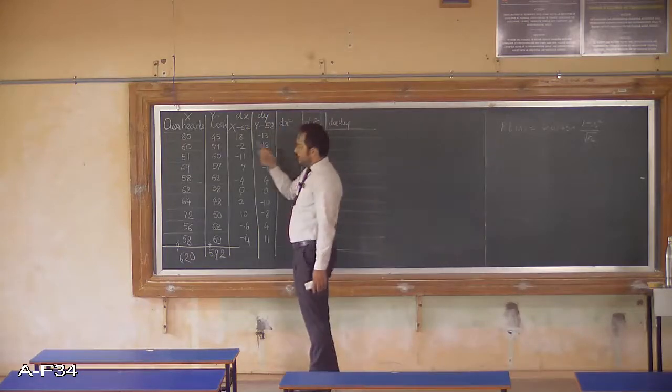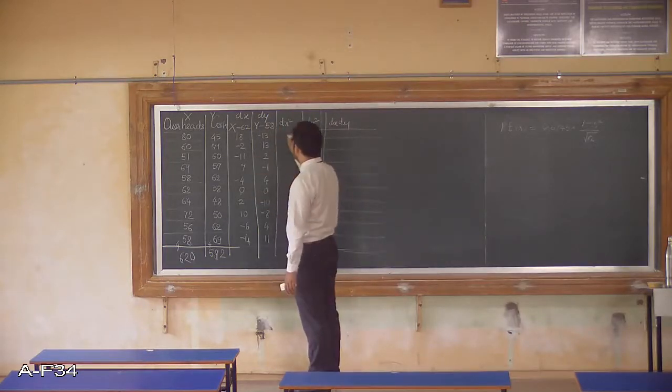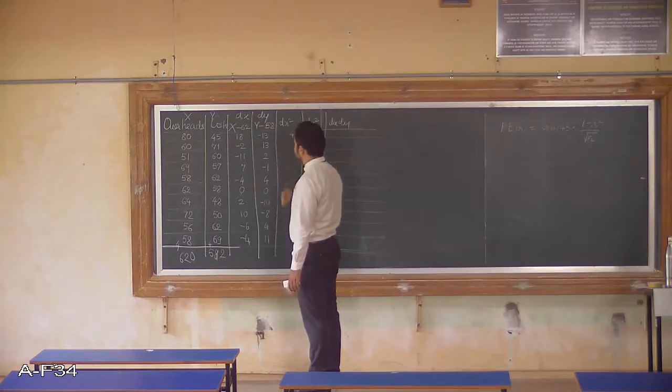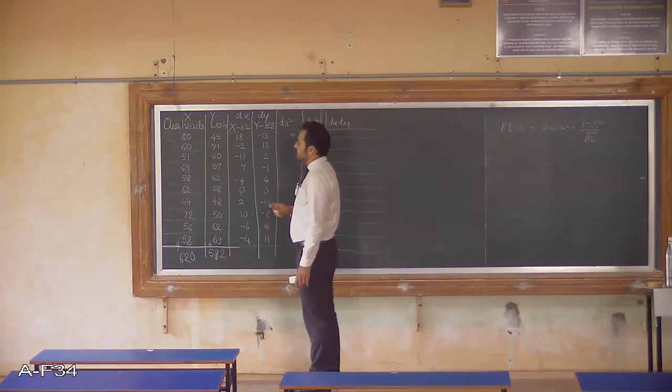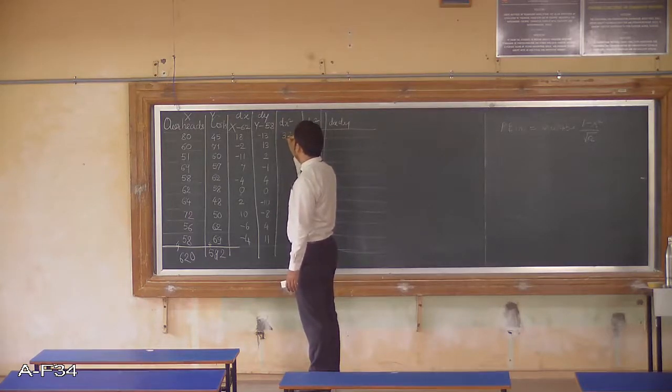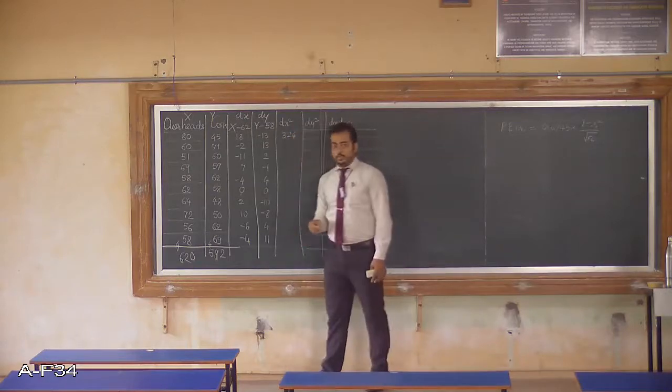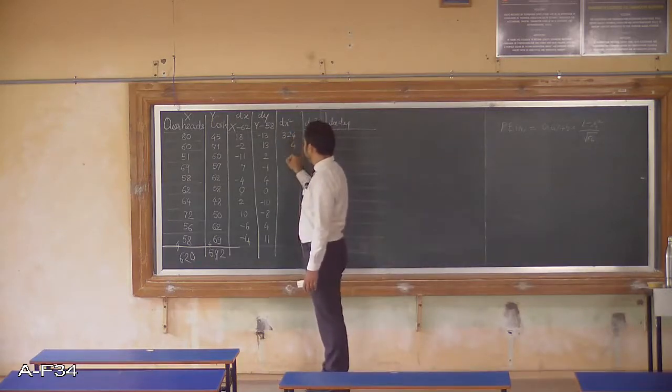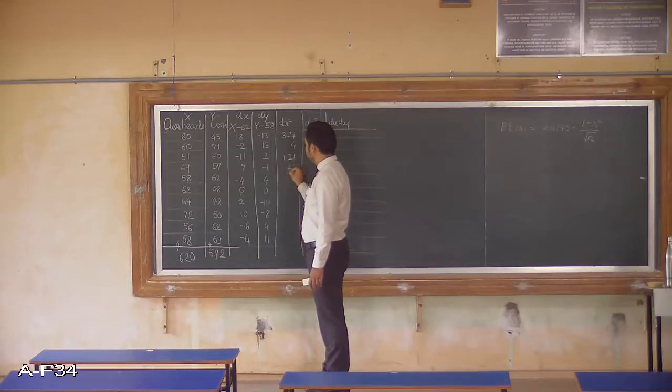So dx square, the square of 18, is 324. Anyway, all squares are positive. Let me just write all these squares.